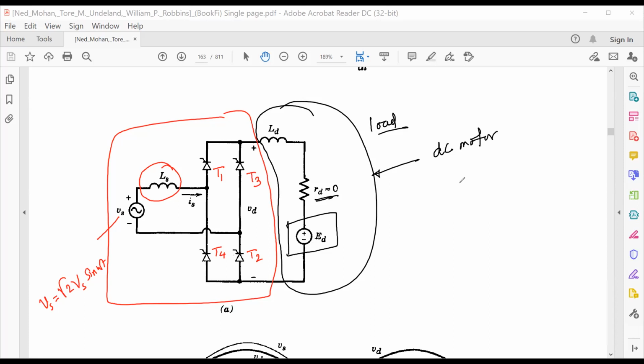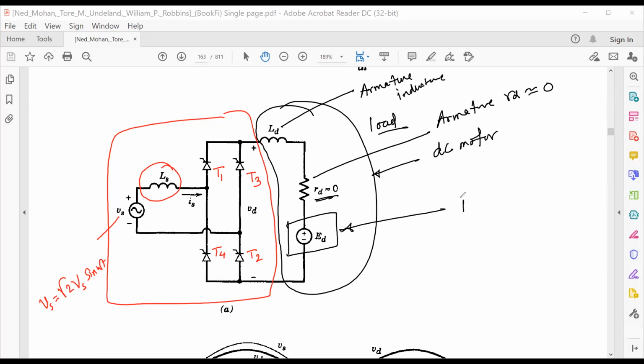Yes, sir. This is your armature inductance. This is your armature resistance, although they have taken it very close to 0. And what is this? Back EMF.